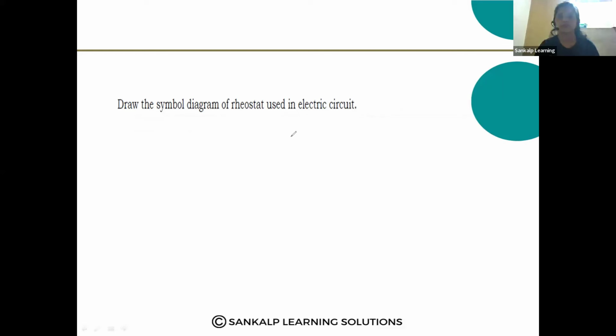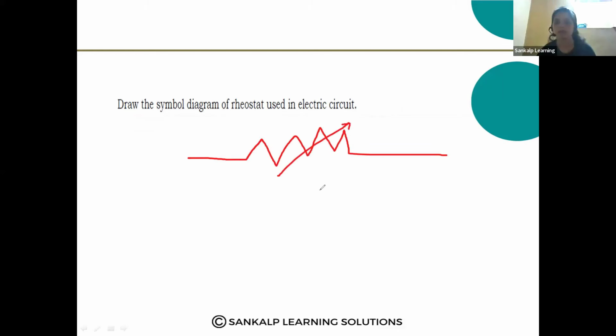So rheostat, that is the variable resistance. How is it represented? Like this, right? That is the 1 mark question asked in the previous year question paper.